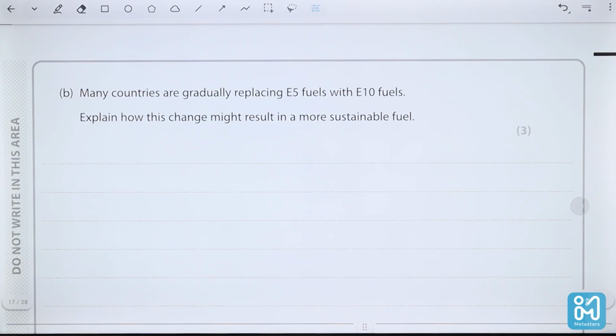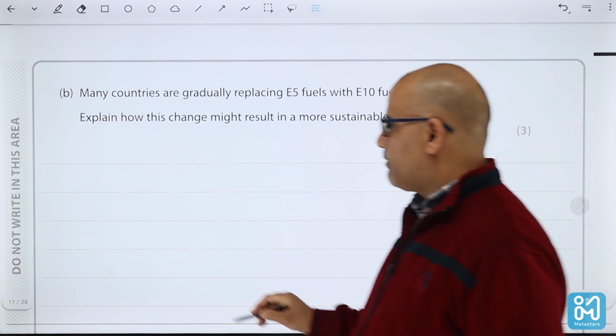Okay, you can see an increase in the amount of ethanol from the fermentation process, which is from glucose or fruit sugar, and overall this will reduce the emission of carbon dioxide, and like that there is lower global warming.